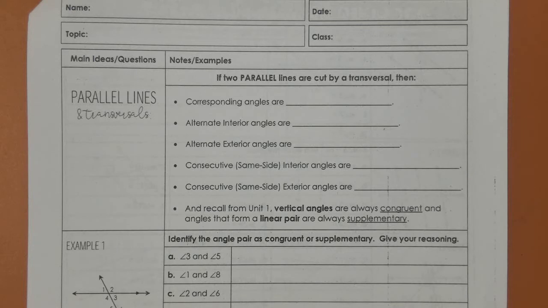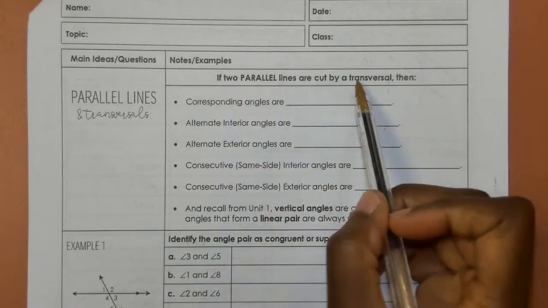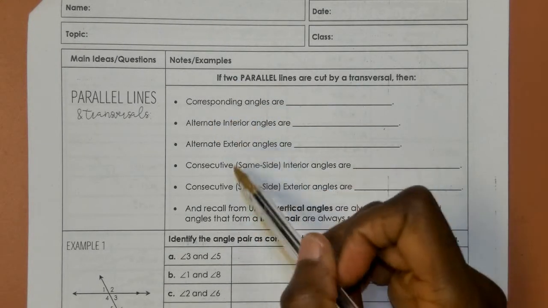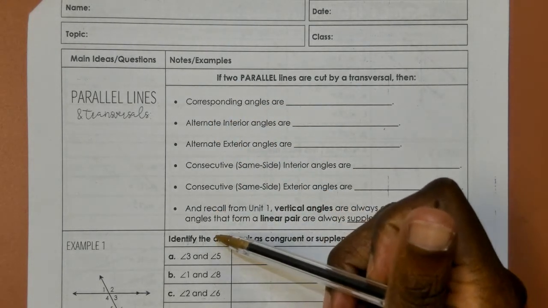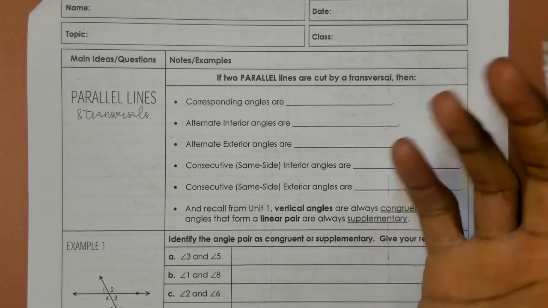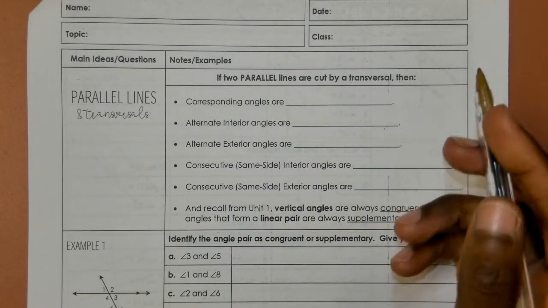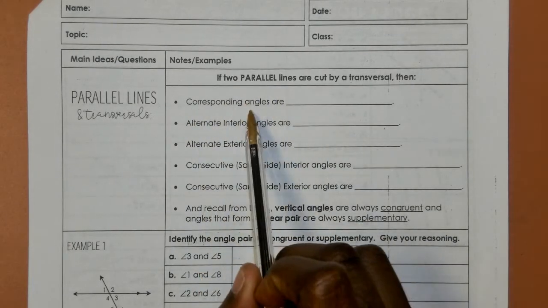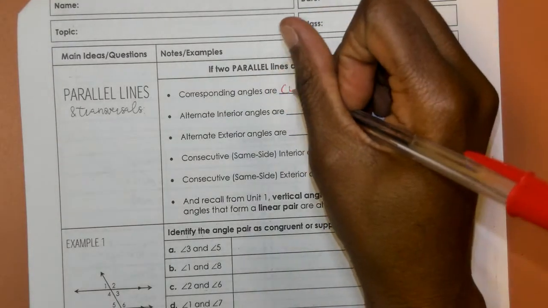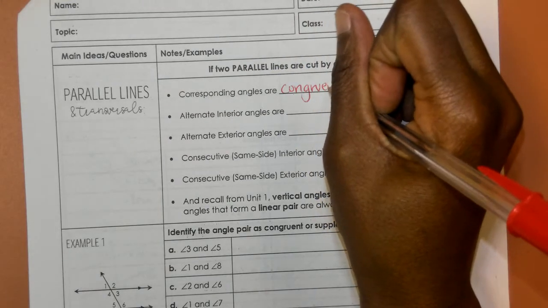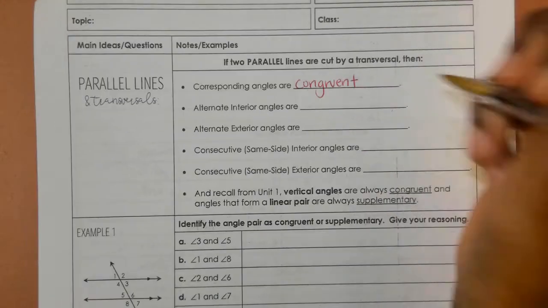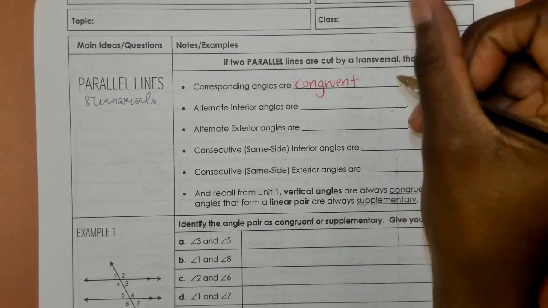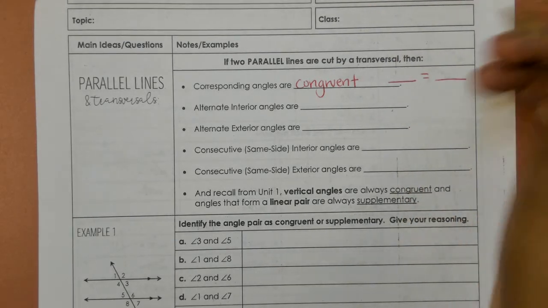Okay, so then going on to parallel lines and transversals. So if the lines are parallel that are being cut by a transversal, then these different relationships that we just talked about are either congruent, meaning equal in length, or they're supplementary. So if two lines are parallel and they're cut by a transversal, the corresponding angles are congruent, which means the equation would be something equals something else.